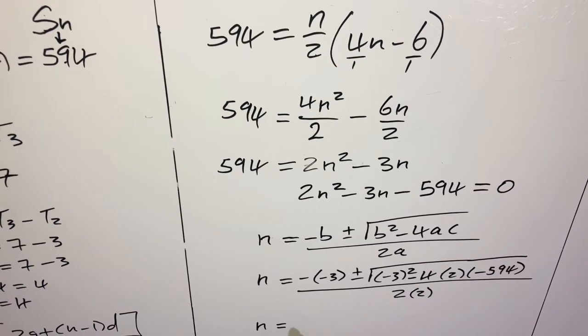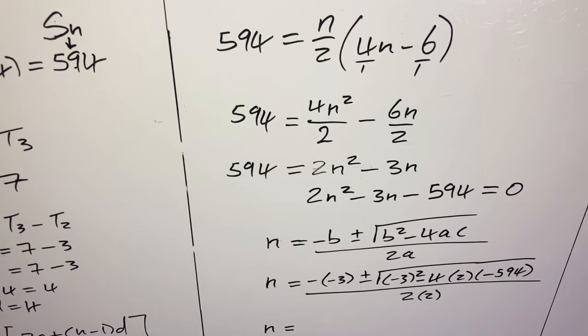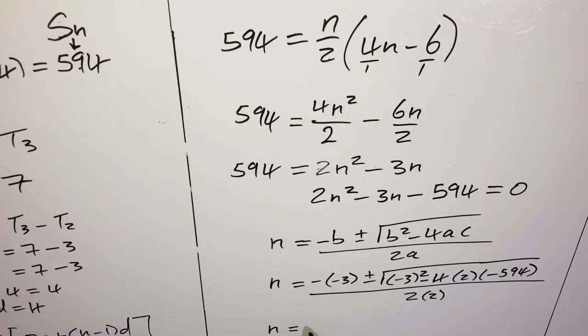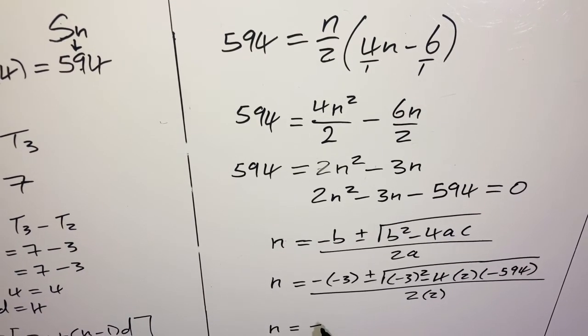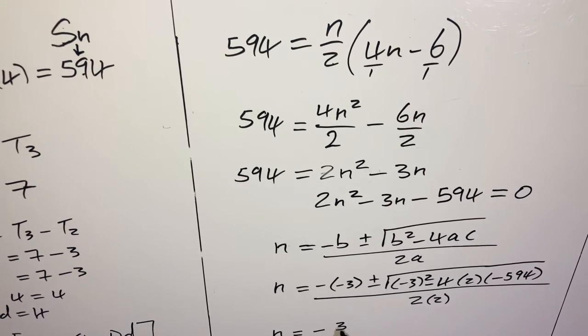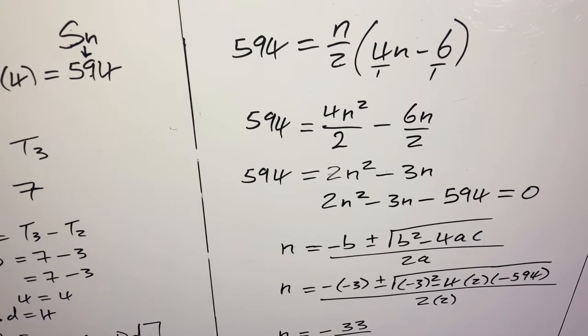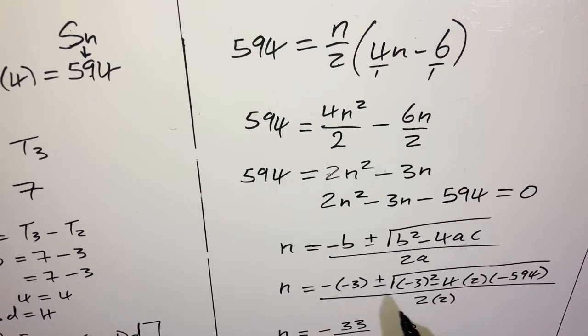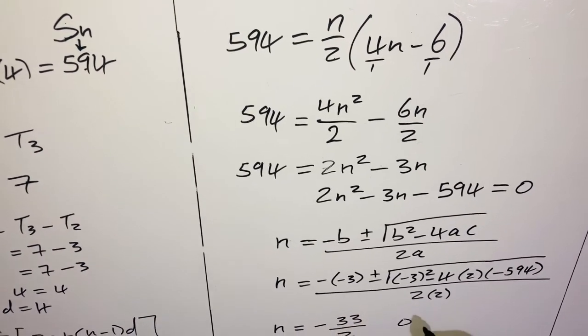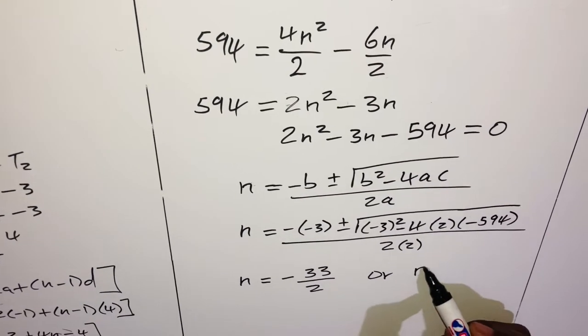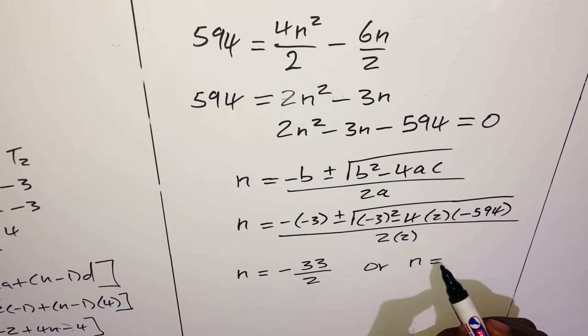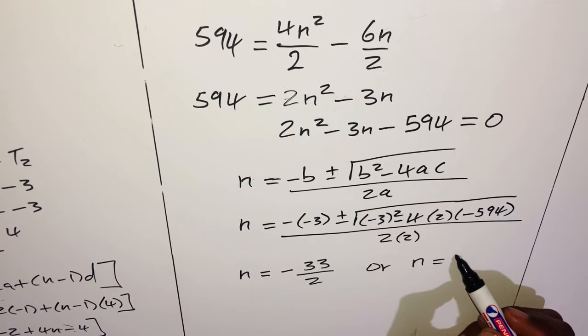My n is negative 33 all over 2, then you have to change your sign from a plus to a minus. Or your n is 18.